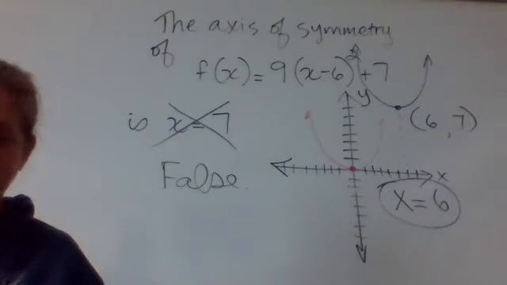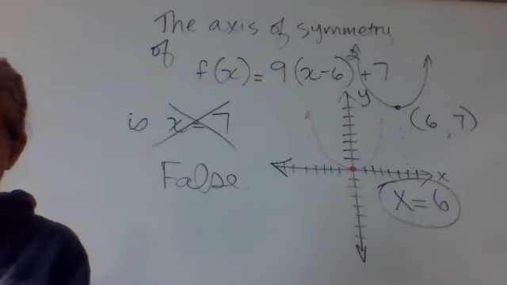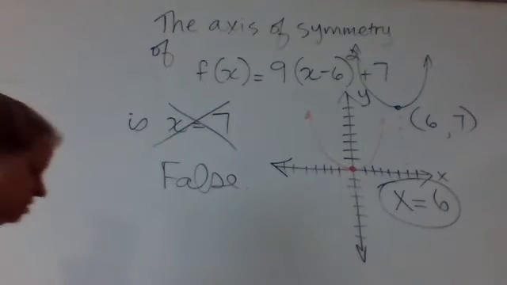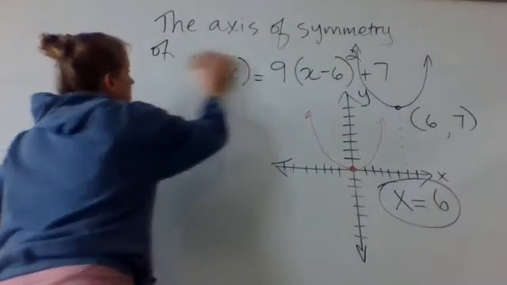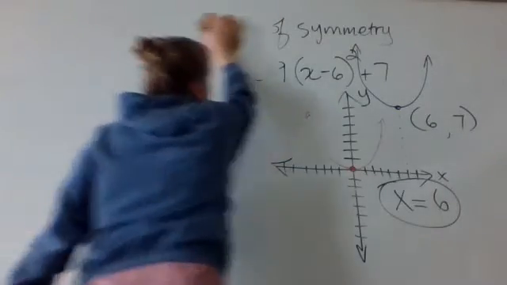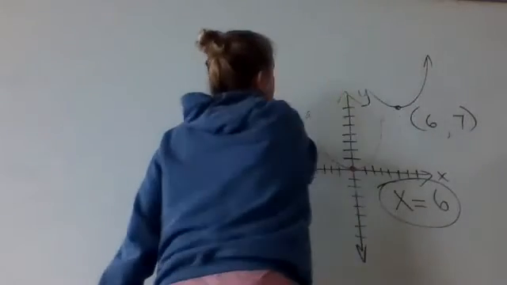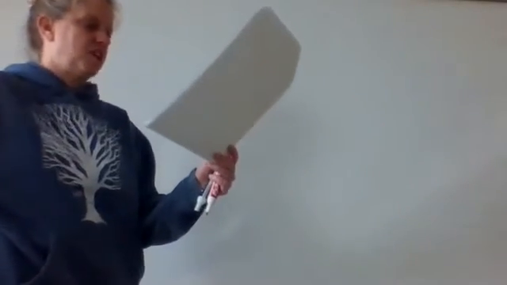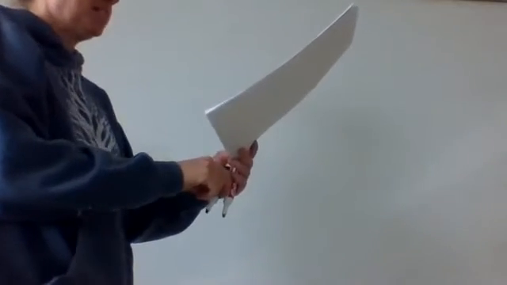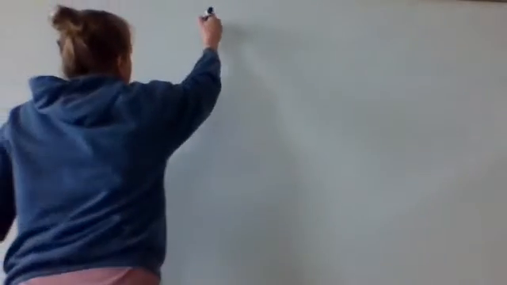Okay, number 8. All right, number 8 gives us a function, f of x equals x squared plus 10x plus 16.